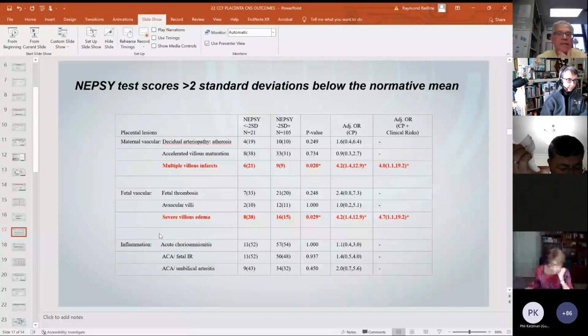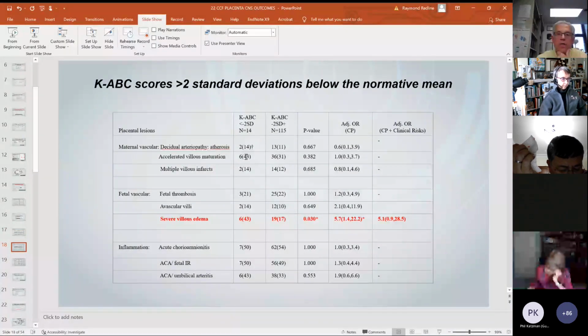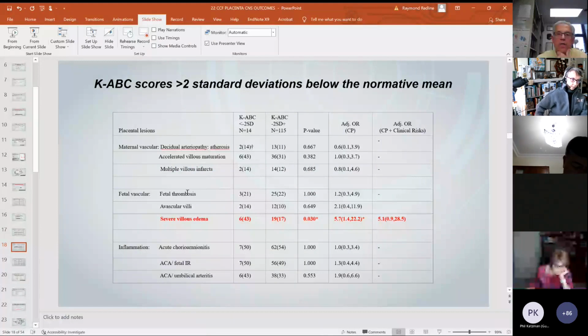Still, the inflammatory markers by themselves are not significantly associated. Looking at the KABC, we don't see an association with maternal vascular disease, but the edema again stands out as a strong predictor.